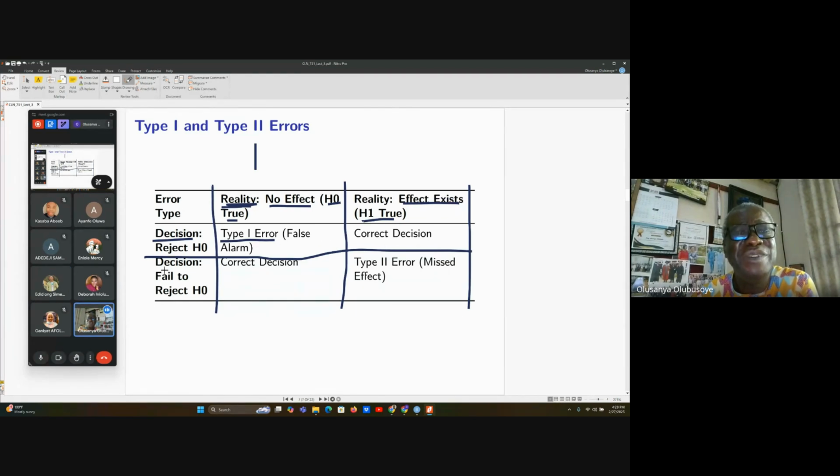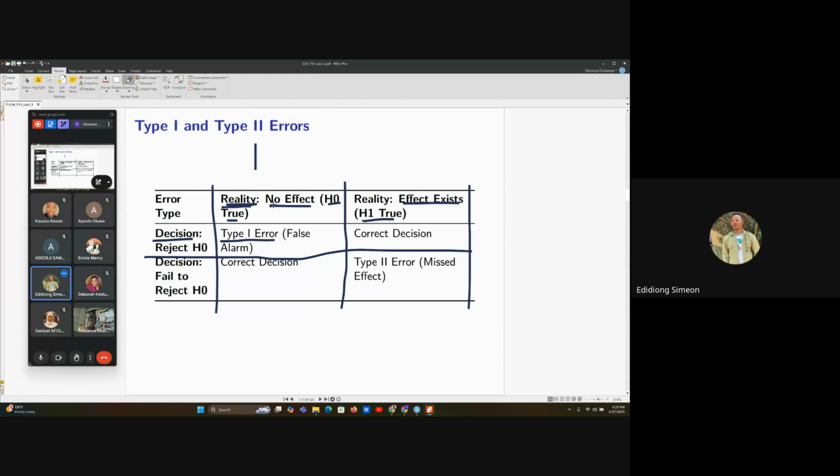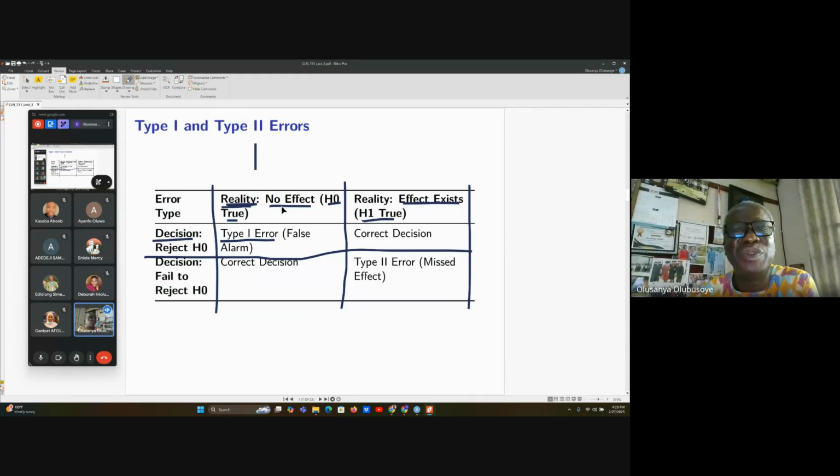Now, here we fail to reject it, while the other is where we reject it. Remember, the reality is no effect, H naught is true, and we fail to reject it.